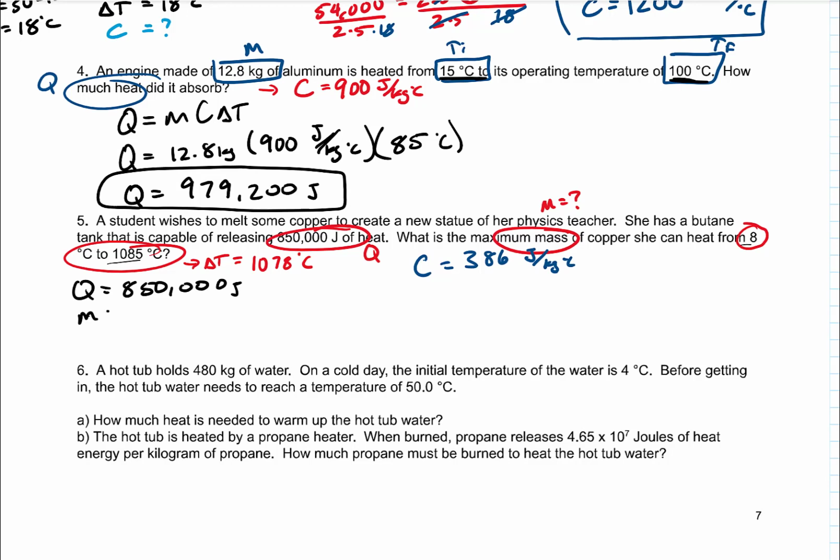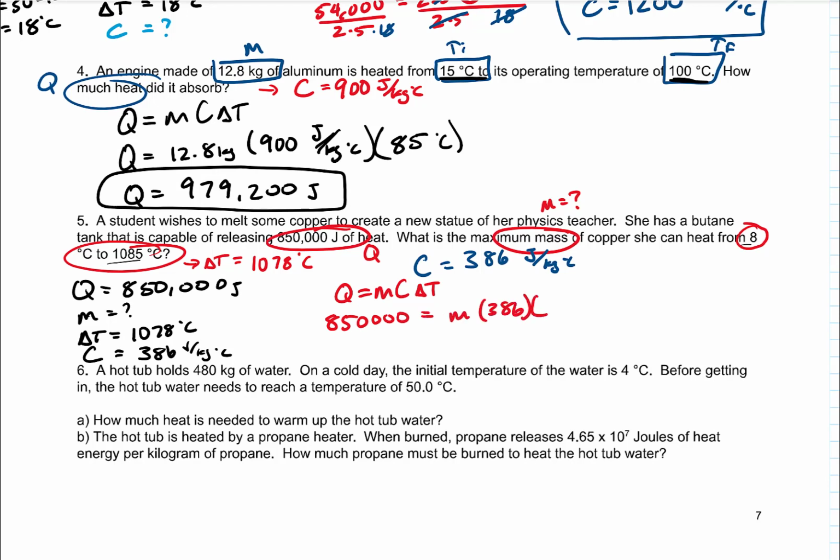Mass is unknown. Delta T is 1,078 degrees Celsius, and C is 386 joules per kilogram degree Celsius. So we're going to use our same formula. Q is equal to MC delta T. Put in our Q. 850,000 is equal to M times 386 times 1,078, because it's our delta T. We're going to divide both sides by 1,078.